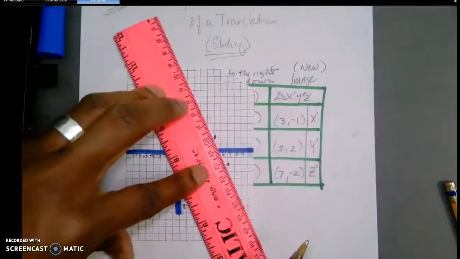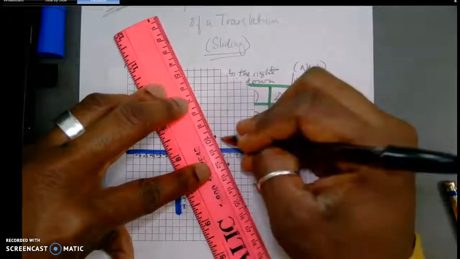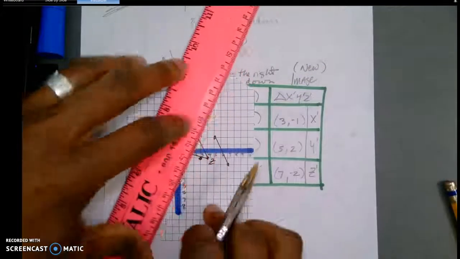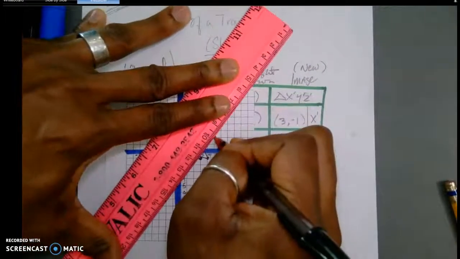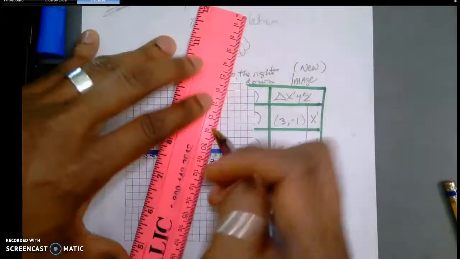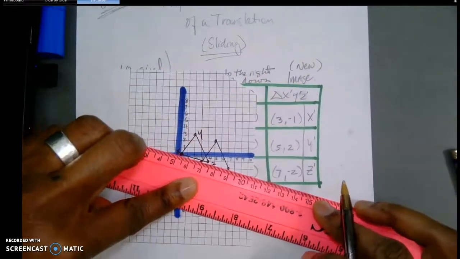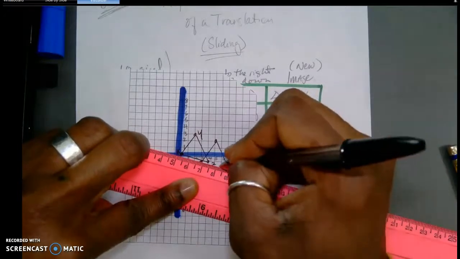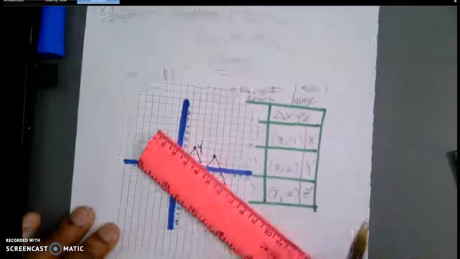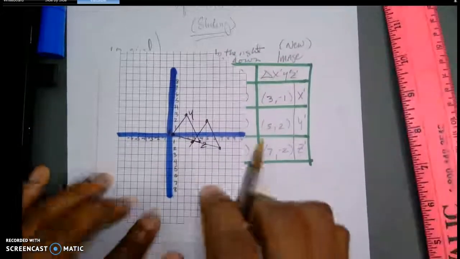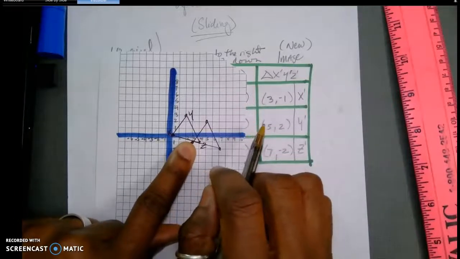I'm going to take the straight edge and connect these. I'm using a pen because of course it's a little bit more precise. Overdrew that line just a little bit, so ignore that. And then I'm going to connect. Okay, so if you notice here, and remember we're going to ignore my overdraw.